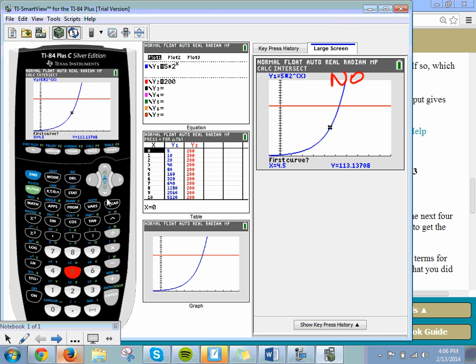I'm going to get that little spider or cursor as close to that intersection point as I can. And it tells me that when x is 5.3219281, y will be 200. So we can approximate that value to about 5.32.